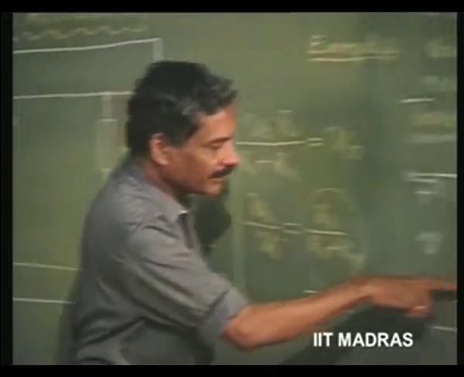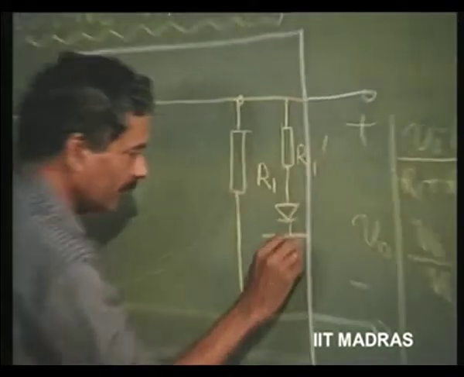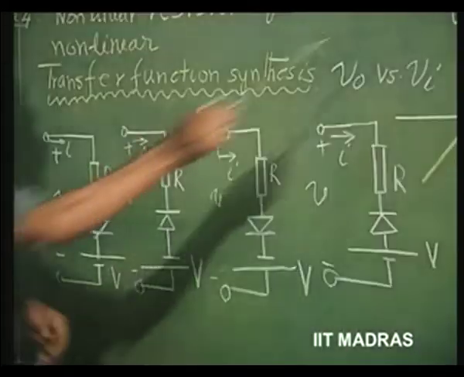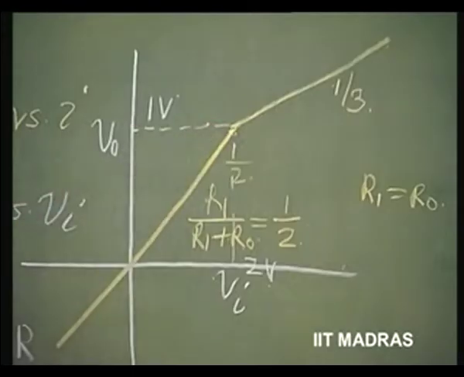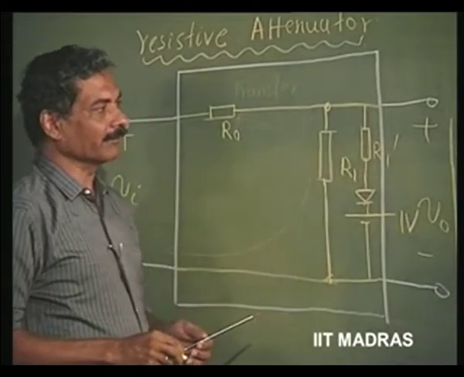I want to bring in a resistance, therefore, the diode should start conducting when the output is equal to 1 volt. It is very clear. So, I just put a 1 volt here. The moment this voltage becomes greater than 1 volt, this resistance R1 prime comes into the picture.